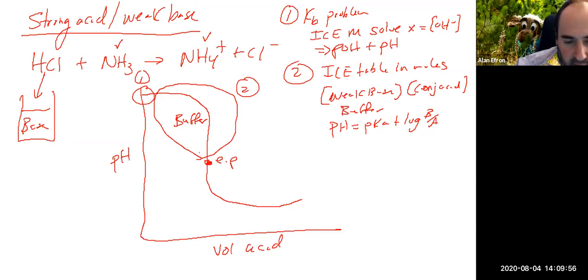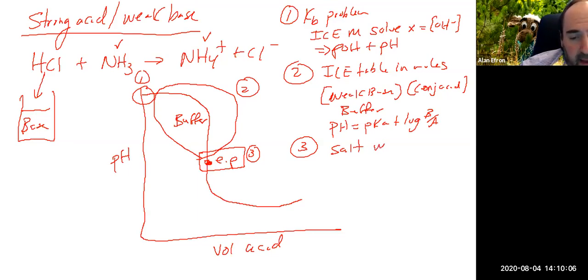Now, when we do reach the equivalence point, you've again used up all your acid and all your base, and you are left with a salt. This salt did come from a weak base, which means it will go through hydrolysis. The difference, though, is that because it came from a weak base, it's going to act as an acid, which means it is going to donate the H plus to the water and basically produce H3O plus.